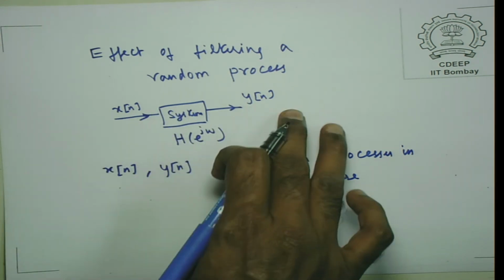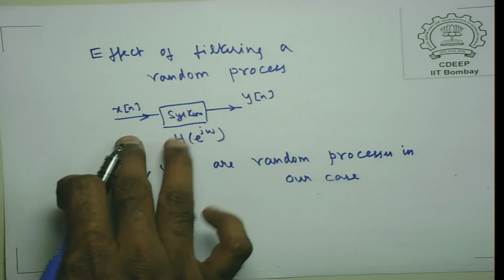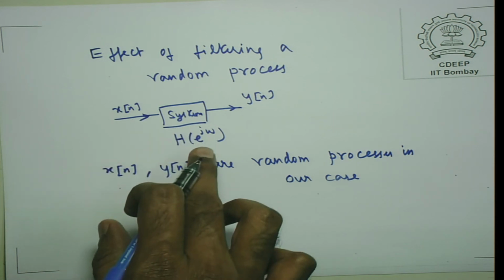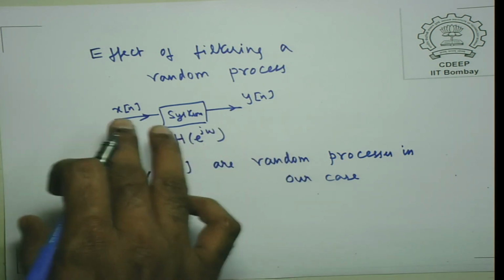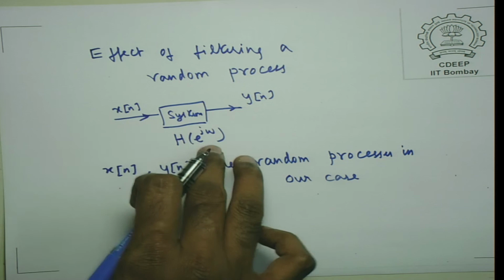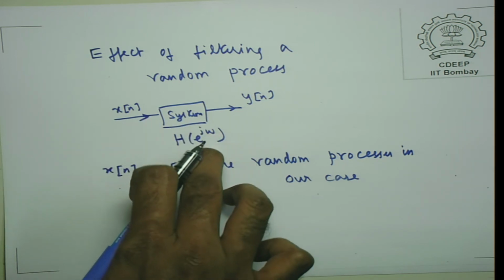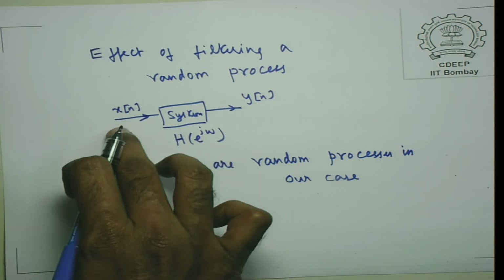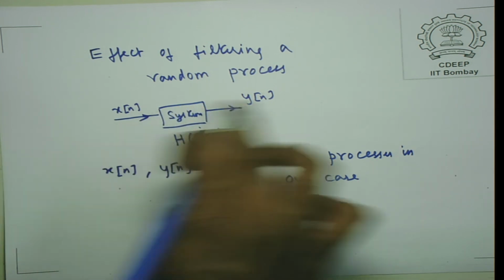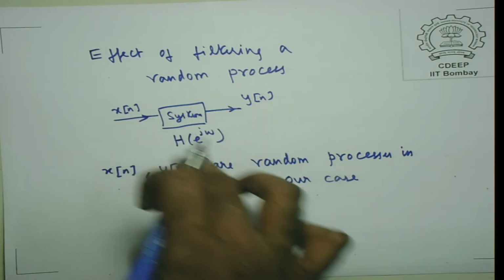So this notion of a signal going through a system is important to us. If we look at this as an LTI system where the inputs are still a random process, then the output is also a random process with certain properties.